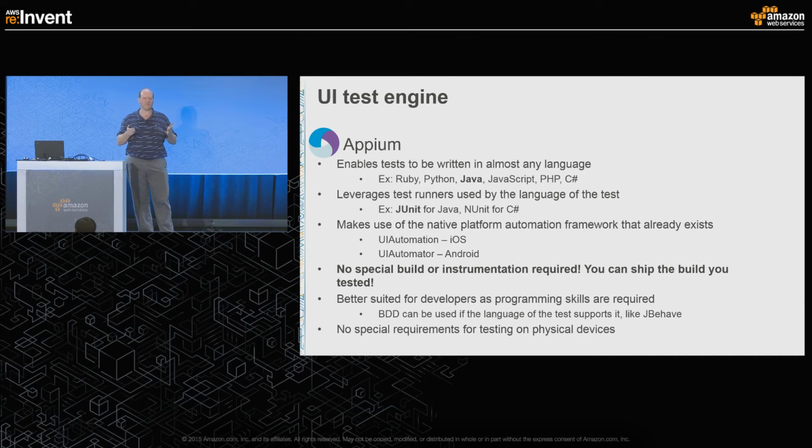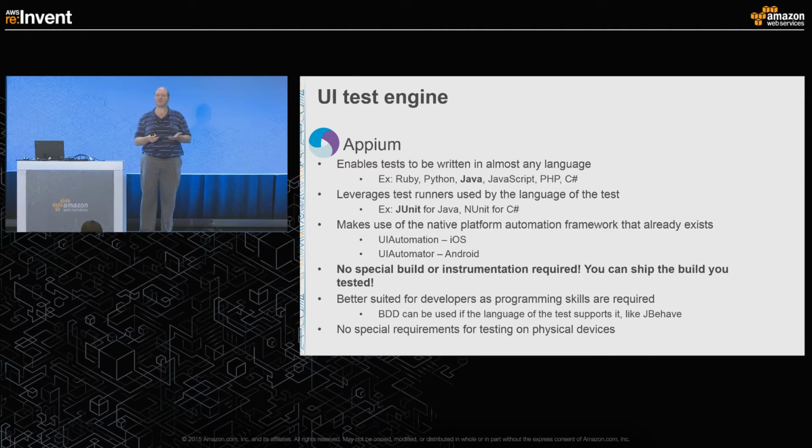And then in terms of writing the tests, if these tests are Java or C#, you might think it's a development responsibility to write these tests, and definitely developers can write them. But you also want QA involved in writing these automated tests, but QA may not have a development background. So with whatever language you pick for Appium, there's probably going to be some kind of behavior-driven development way of writing those tests.